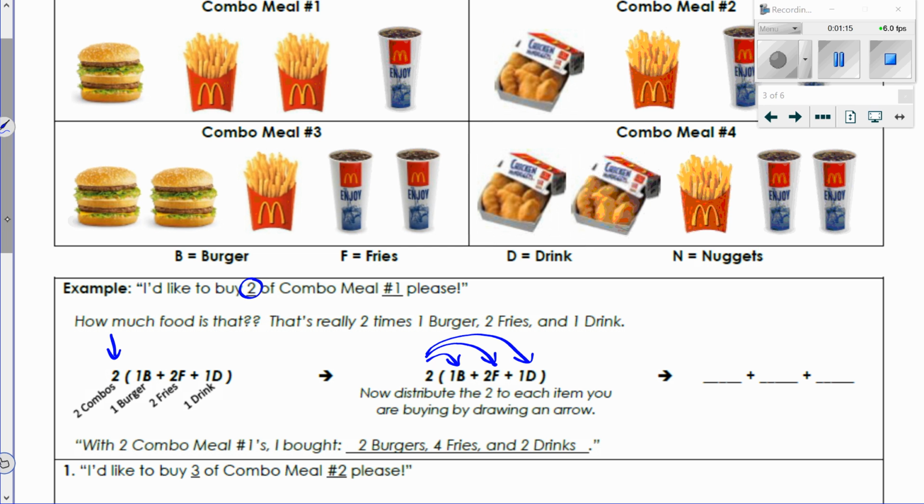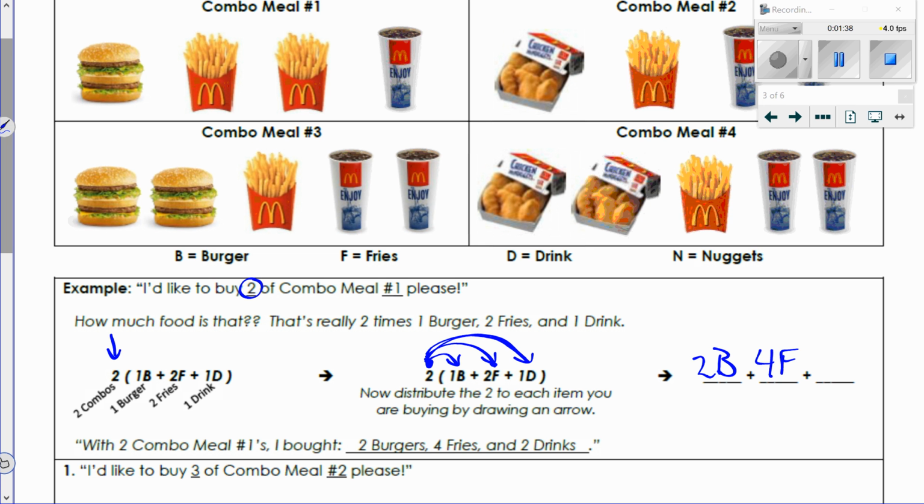So in other words, what I'm saying is I now have bought 2 combo meals. Each one had 1 burger in it. So how many burgers should I have? 2 burgers. I have 2 combo meals. Each combo meal has 2 fries. So how many fries should I now have? 4 fries. I have 2 combo meals.